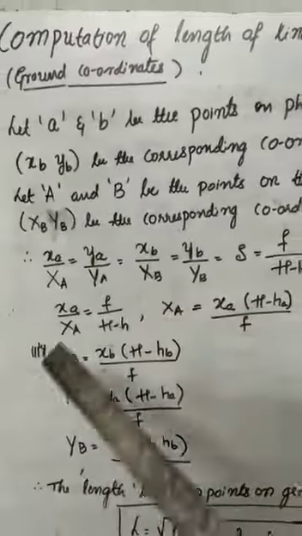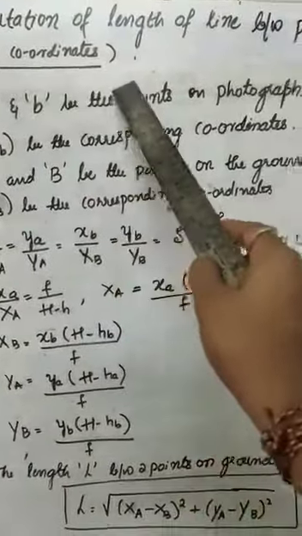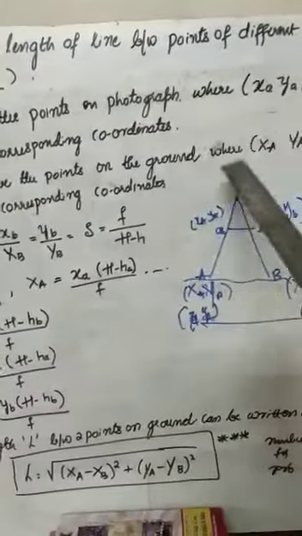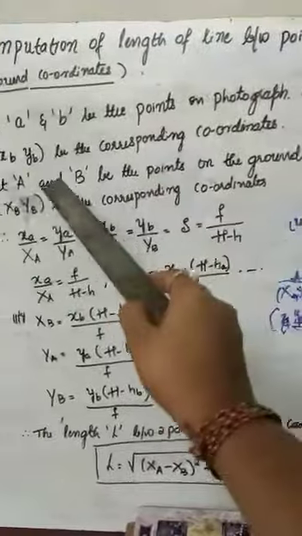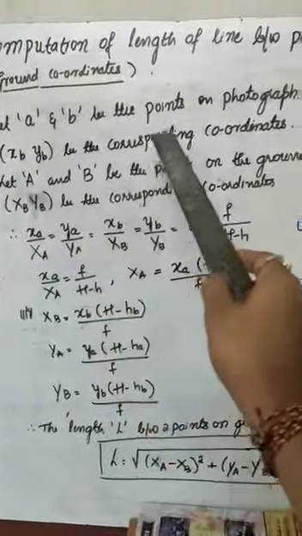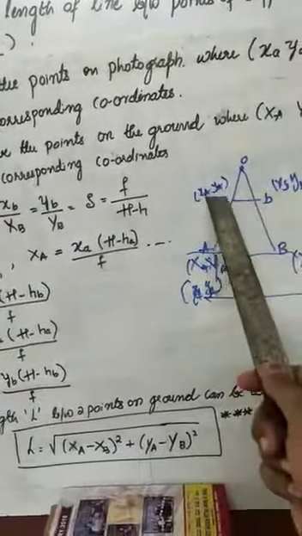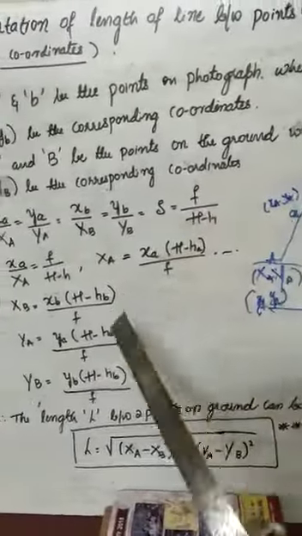You can see here, let a and b be the points on the photograph, where xa, ya and xb, yb are the corresponding coordinates. That is, for this point, these two are the coordinates.